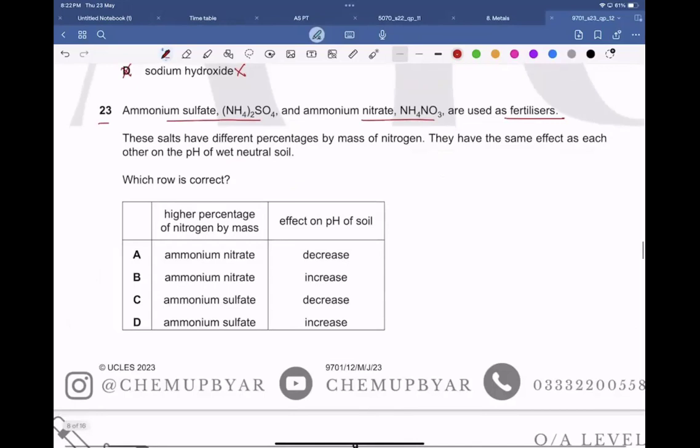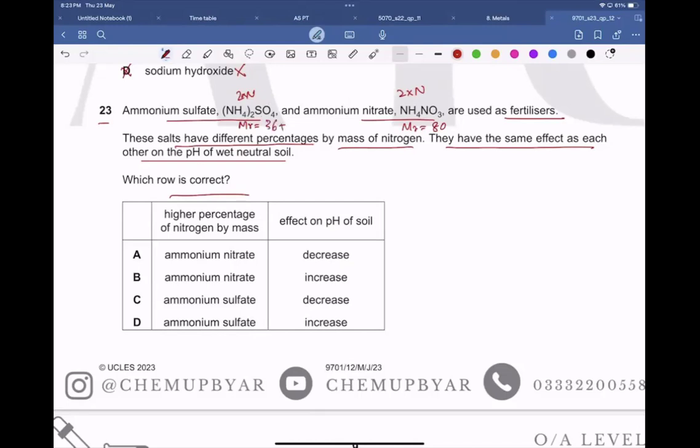If you work on the C, both have 2 nitrogen, right? If you calculate its Mr, I think its Mr is going to be 80. And if you calculate the other Mr, 96 and 28, 28 and 8, sorry, 14 and 4, 18 and 18, 36.